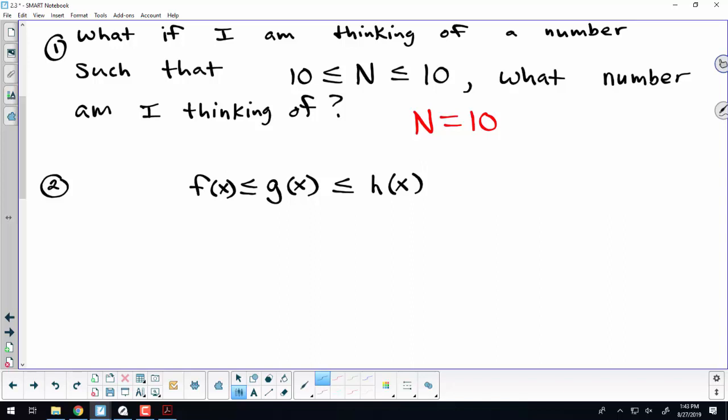And this statement holds for all x. We might have to modify that slightly, but we're just trying to get the basic idea. So I always know that the y values of the function g of x are between the function values of f and the function values of h.